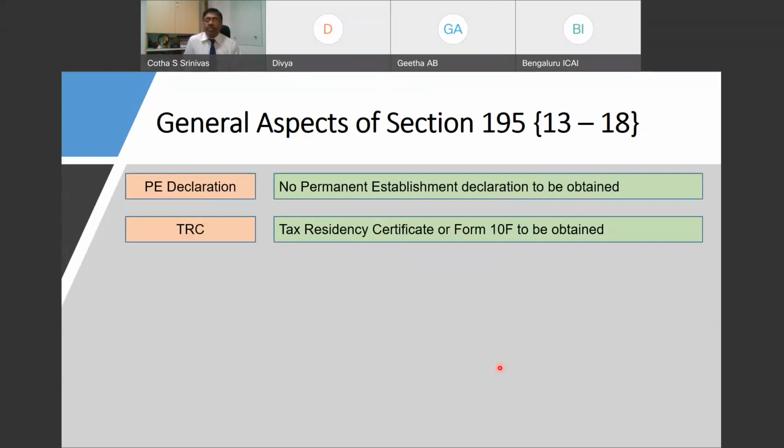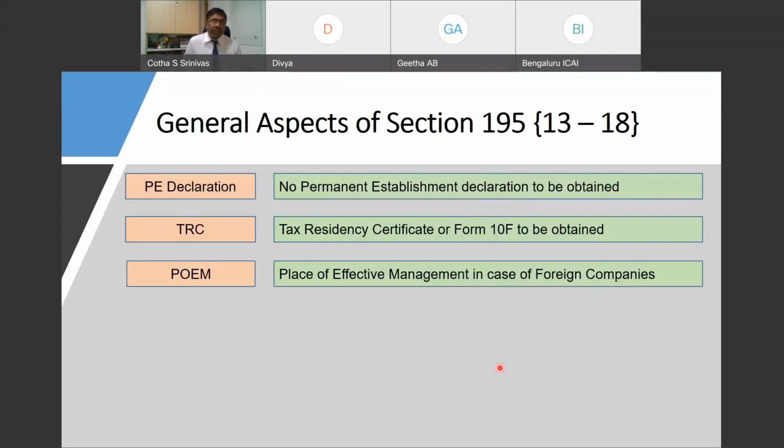There are two advantages of getting TRC. One is you will know which country he belongs to, so that whenever there is a double taxation avoidance agreement between India and that particular country, we can apply it. The second thing is, to claim relief or benefit under the DTA, TRC is a must. Not even Form 10F, TRC is a must. So it is the key to open the DTA between India and that particular country. So we have to obtain TRC from the non-resident.